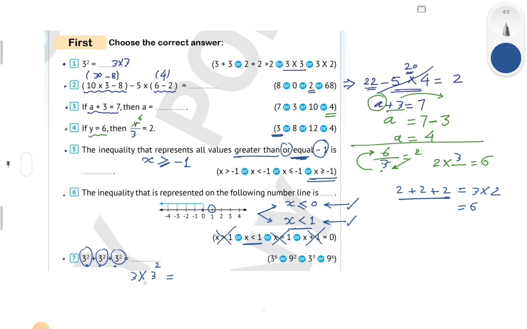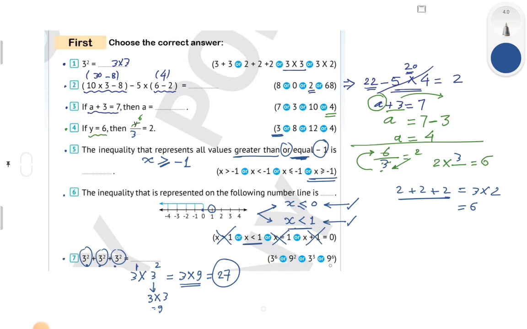I have here 3 with power what? This is power 1. Now 3 power 1 multiply 3 power 2, that means 3 by 3 equals 9. So here I have 9. 3 multiply 9 equals what? Equals 27. Now I have 27 here.